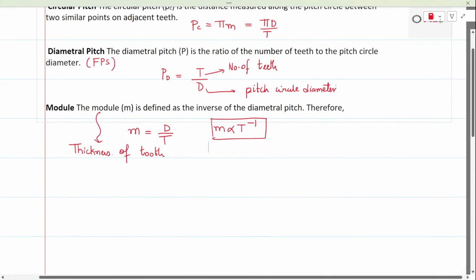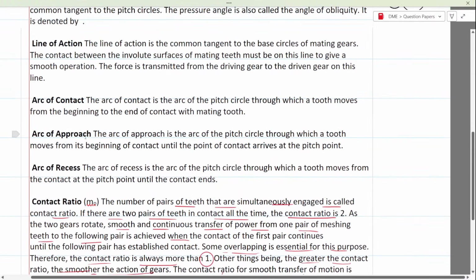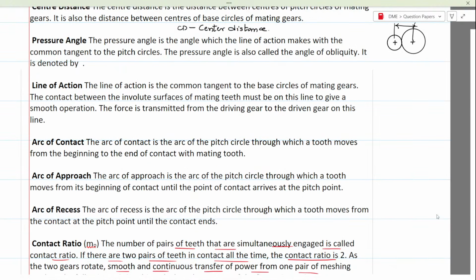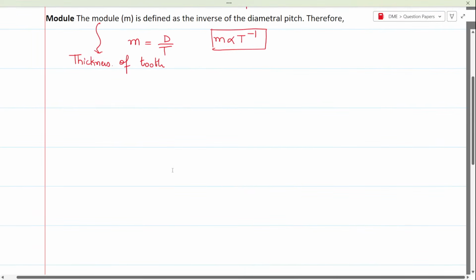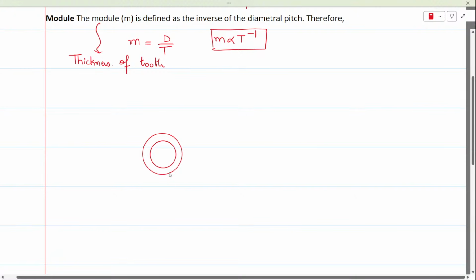Now we'll talk about pressure angle, arc of contact, line of action and arc of recess. If you go back to the important circles of the gear, we have drawn the root circle, the base circle and the addendum circle.